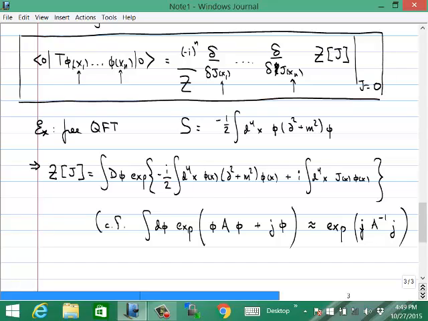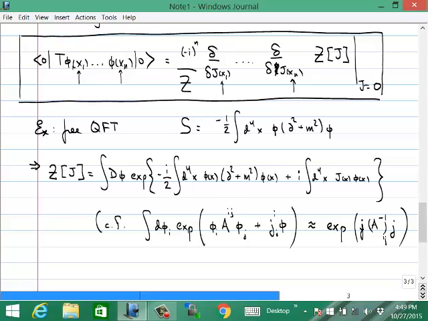In particular, the reason why I'm writing it as J times A inverse J is that if you wanted to have, say, a multi-dimensional integral rather than a single-dimensional integral, where phi now has an index, we could call it i, then this would be some sort of matrix, A_ij, and the A inverse here would be the inverse of that matrix.